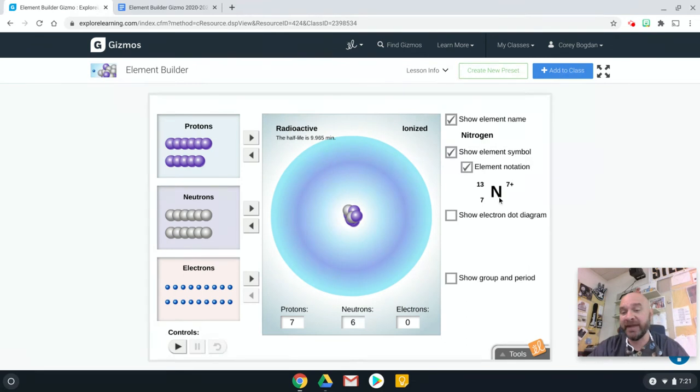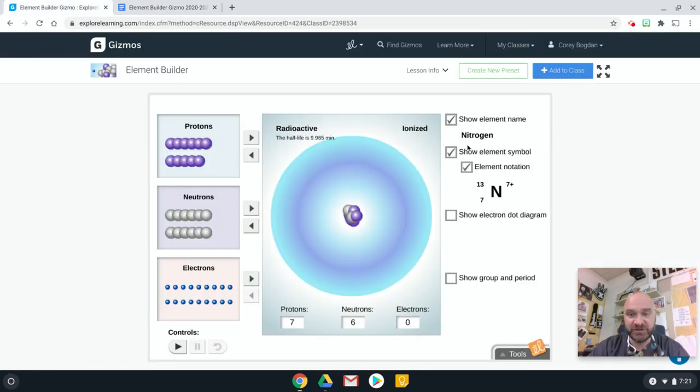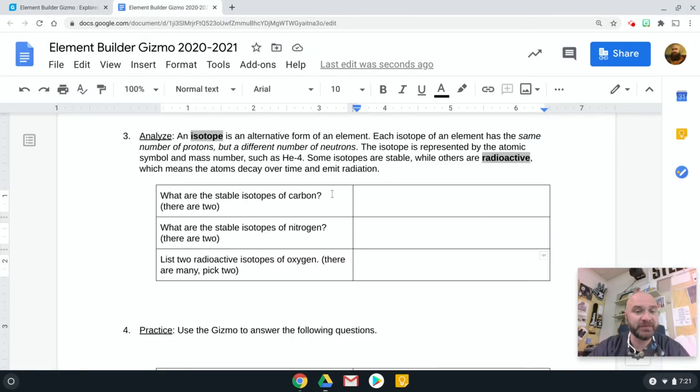So right now, N13 is radioactive, but I need stable. And then for this one here, list any 2 radioactive isotopes of oxygen, and there are many. So now I need to switch it to oxygen. Okay. Oh, here's one of my radioactive ones. O14 is one of my radioactives.